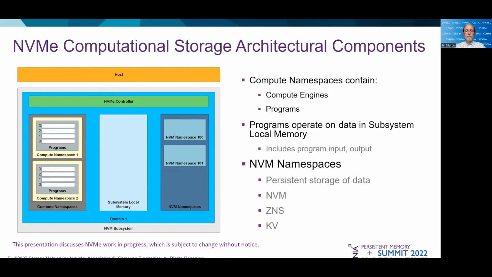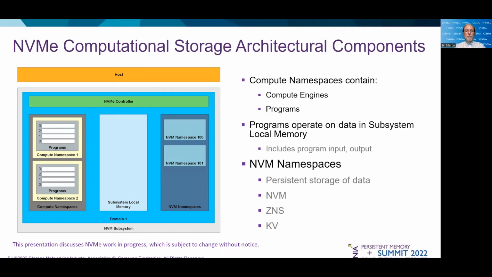Finally, we have the NVMe namespaces. Now, this is a generalized term to talk about non-volatile memory namespaces. This is where the persistent storage of data occurs. These namespaces may be NVM, which is traditional block storage.